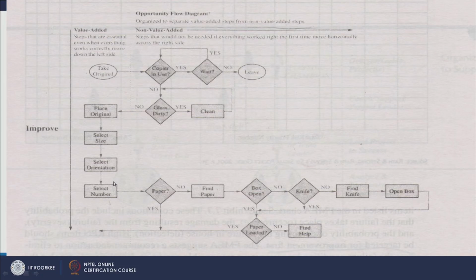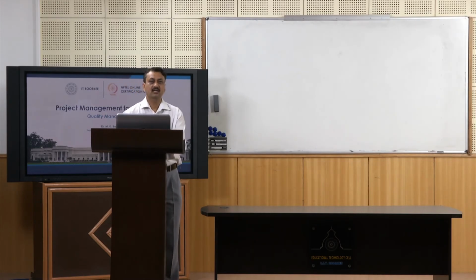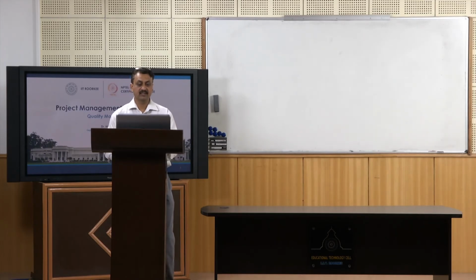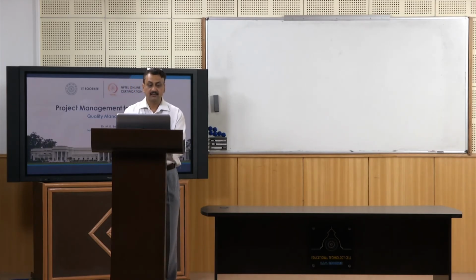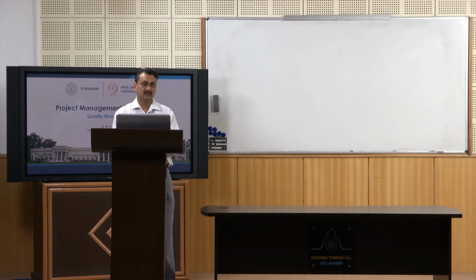Now, what are non value adding activities? Is the copier in use? If it is in use, you will have to wait. So, waiting is a non value adding activity. If the glass is dirty, then you need to clean it, right, that is a non value adding activity. Is paper available? If not, then you need to arrange papers, isn't it. So, using the opportunity flow diagram you can find out what the different value adding and non value adding activities are.